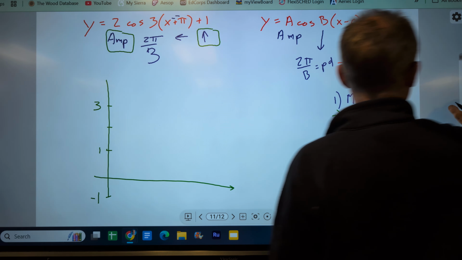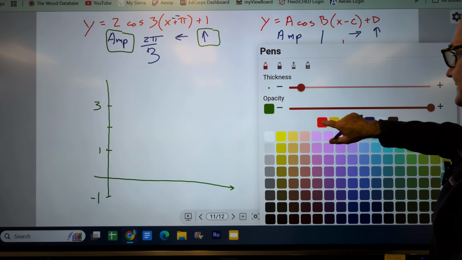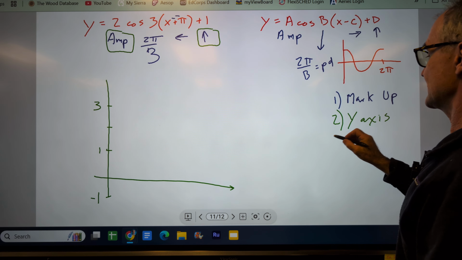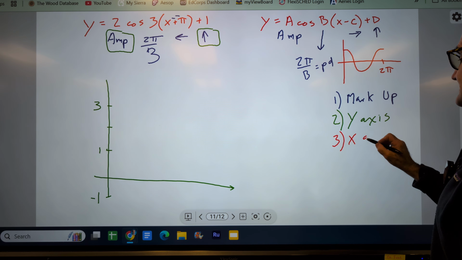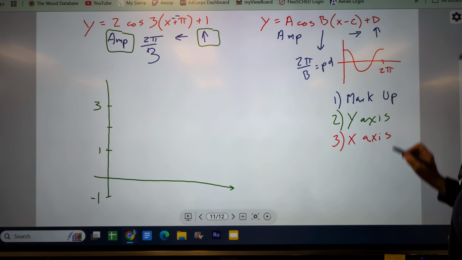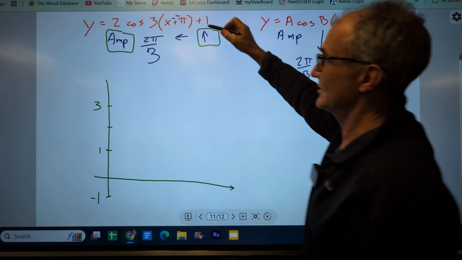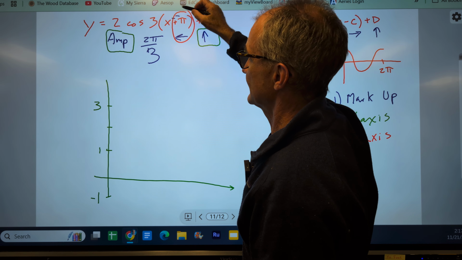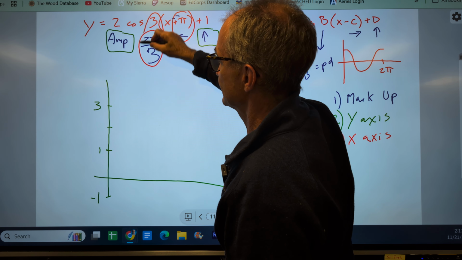Step 3 is label my x-axis. The two values that are going to affect my x-axis are my phase shift and my period, right?